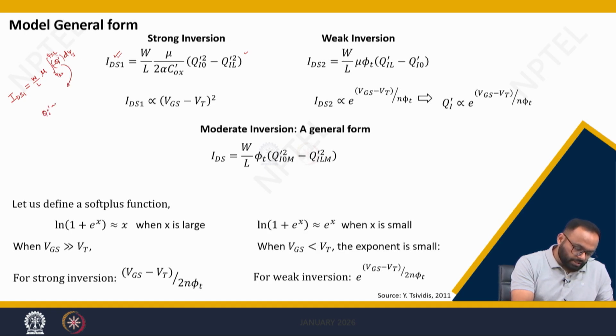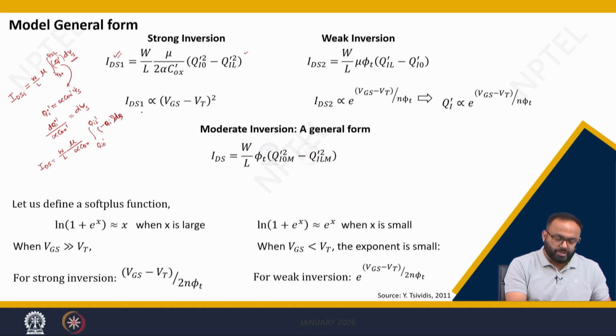Qi dash equals alpha times Cox dash into psi s, and we replace this variable as dQi dash divided by alpha into Cox dash equals d psi s, right? So the current was nothing but W divided by L into mu divided by alpha into Cox dash, integration of Qi0 dash to QiL dash of minus Qi dash dQ.